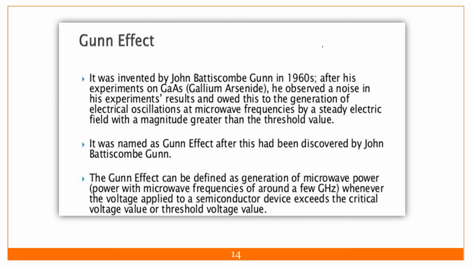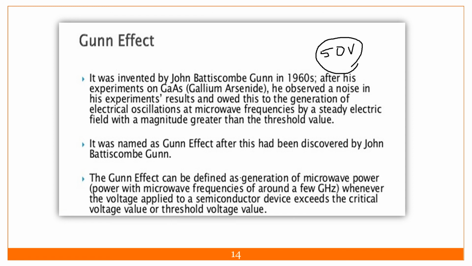Suppose 50 volts is the threshold voltage of a diode. Below that, the diode will act as a normal diode. But after that, the electrons start to scatter and will not be allowed to flow, which forms a negative resistance region. That's why electrons do not flow steadily and start to oscillate, due to which we get the microwave frequency.